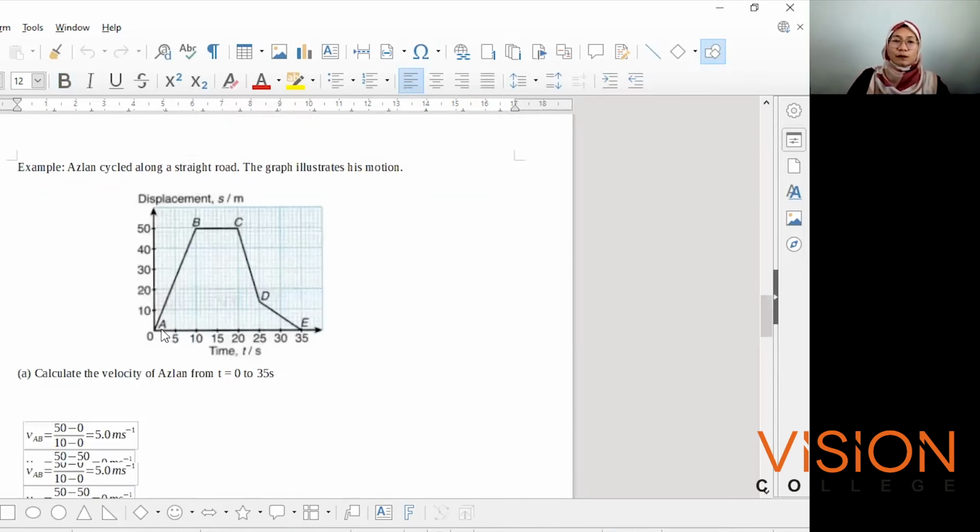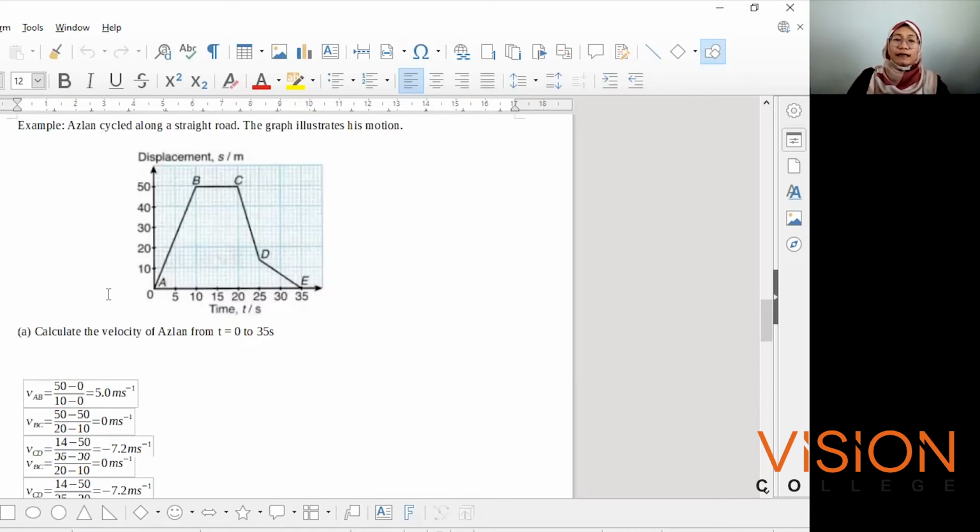Since we have a lot of lines here, we can differentiate them by each line. The first line, A to B, is the first line, the second line is B to C, C to D is the third line, and D to E is the fourth line. So again, how can I calculate the velocity?